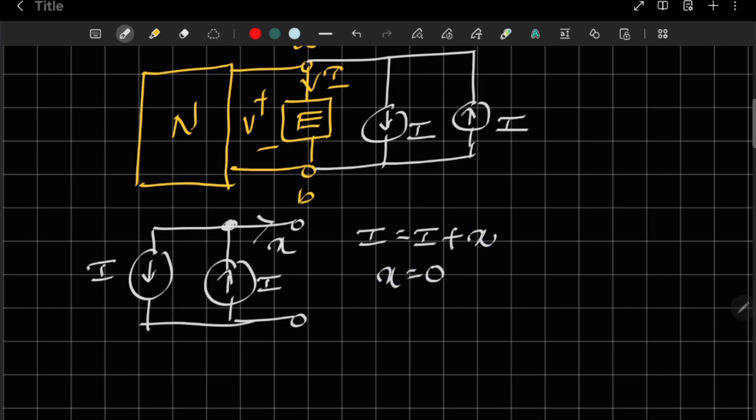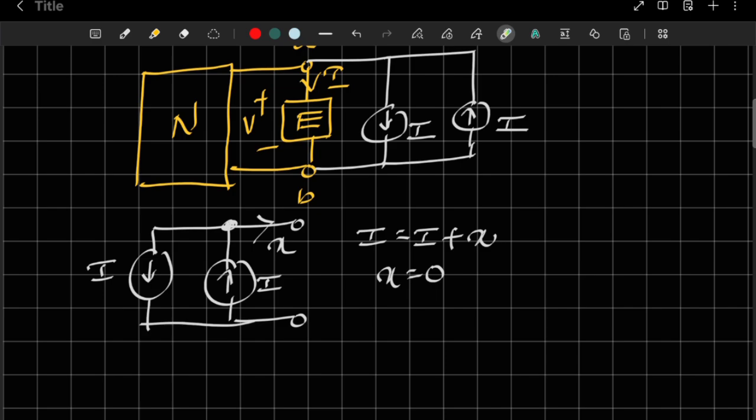That means nothing is coming from this parallel connection of two equal and opposite current sources. Current 0 means open circuit. So it will not affect the original circuit: connecting these equal and opposite current sources will not affect any branch currents and branch voltages. So I can connect like that.